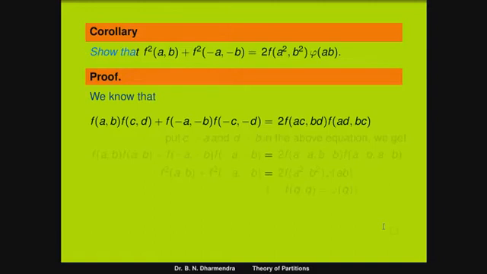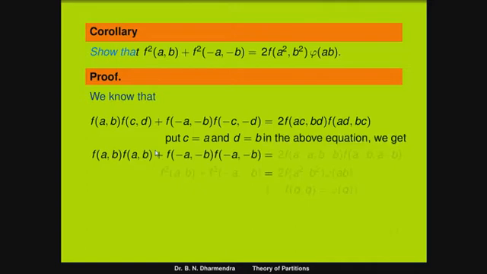Here, the product becomes a square, which means we can replace the value of c by a and d by b. Put c = a and d = b in the above equation.